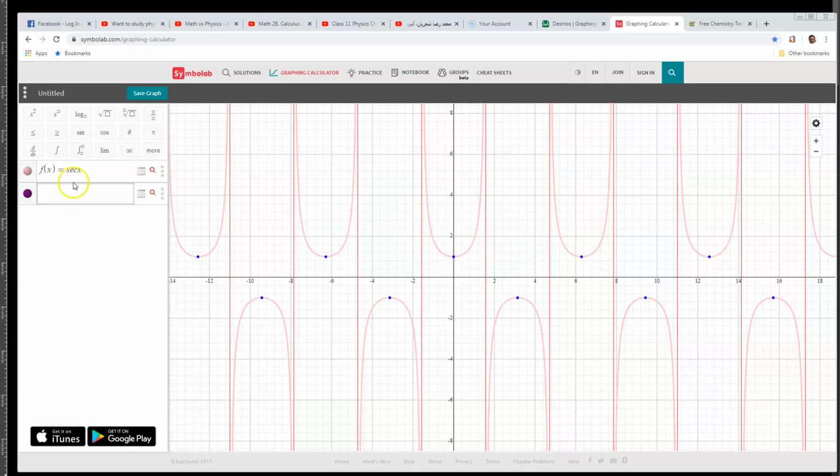Let me see if I can find tangent. Okay, so let me see if I can find some help for this calculator to tell me how I can enter an inverse function.